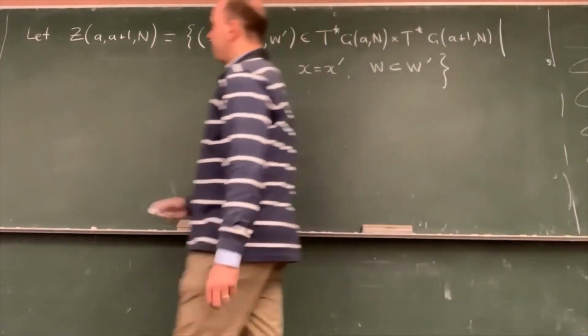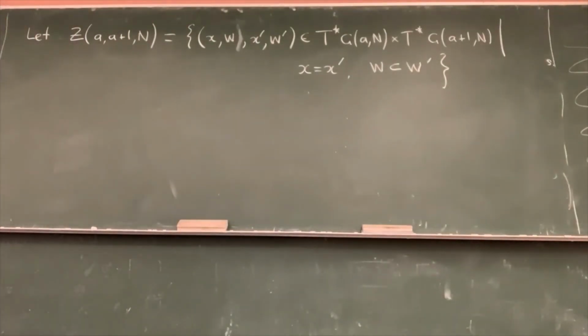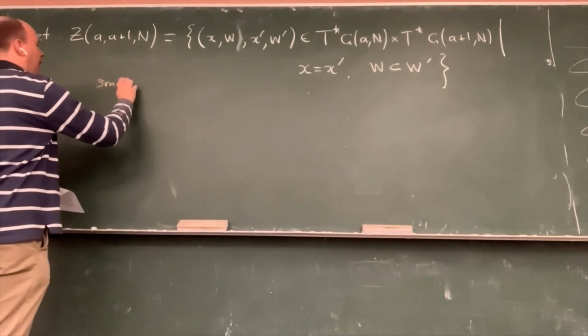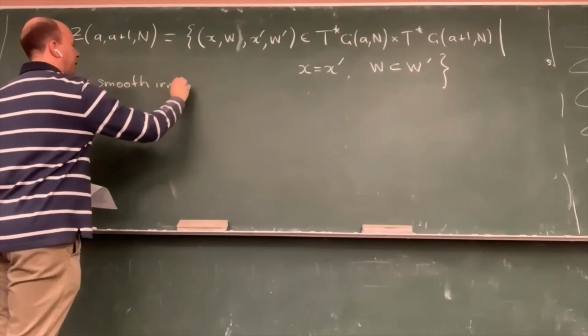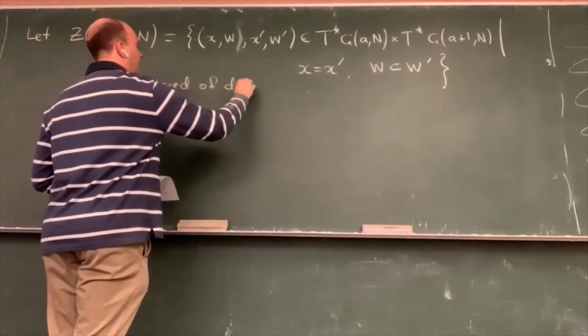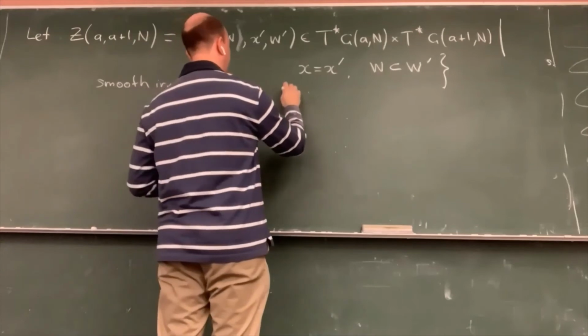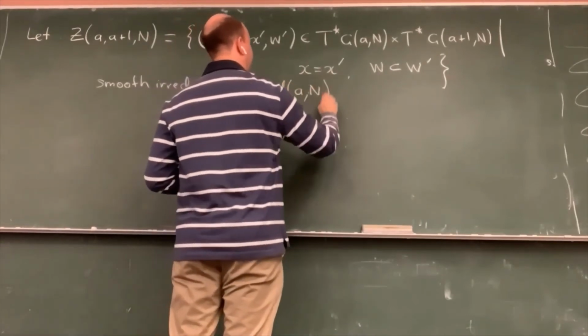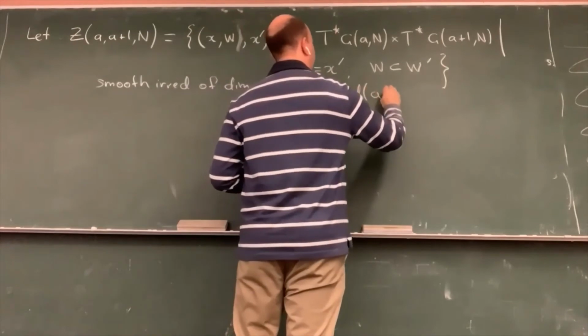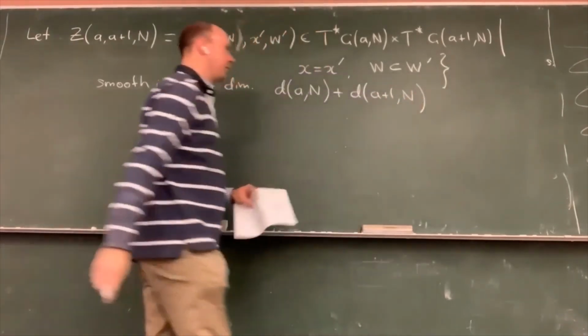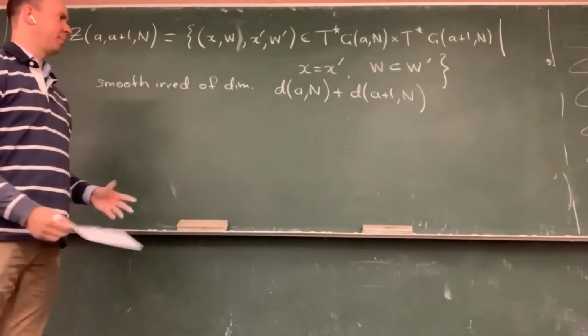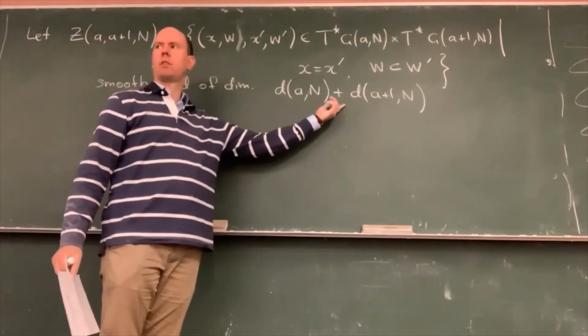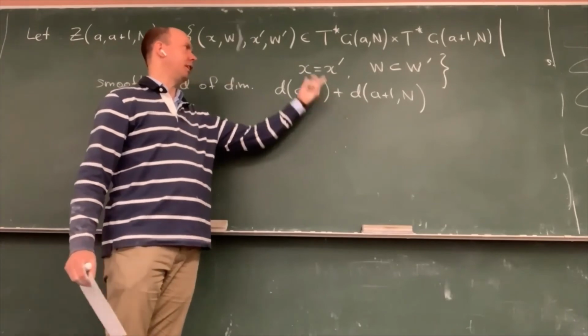And you can show that this is actually again smooth, which is not something you actually need for the construction, but it's just a nice feature of this case. This is smooth and irreducible of dimension, now it's exactly the average, well, it's the sum of the complex dimensions of the Grassmannians involved.